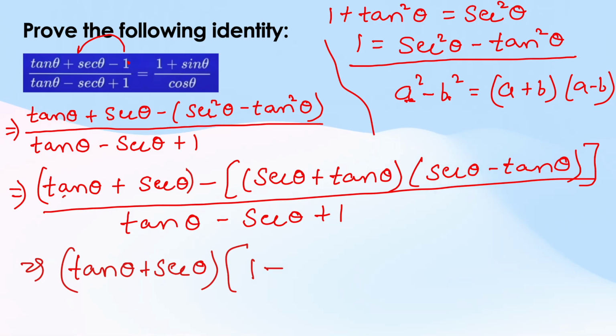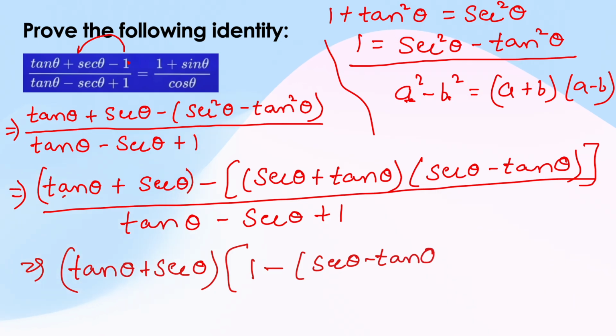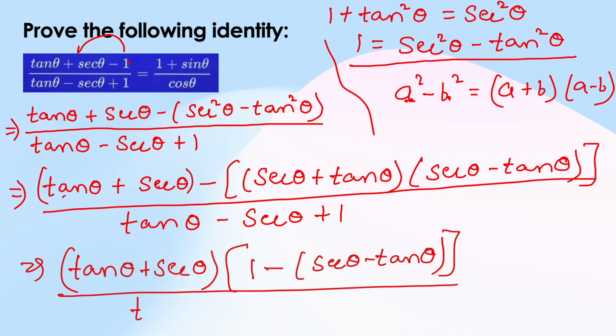And from the second one, if I take sec theta plus tan theta common, then sec theta minus tan theta will be left. Clear? And divided by tan theta minus sec theta plus 1.